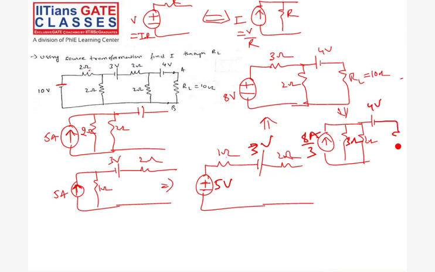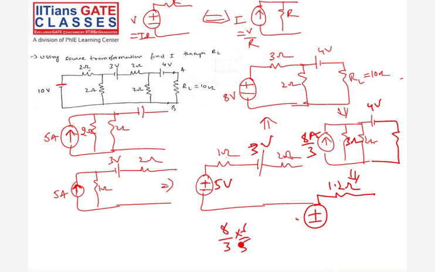So this will become again a practical voltage source in series with 6 by 5 or 1.2 ohms. 8 by 3 into 6 by 5 is 16 by 5. 16 by 5 is 3.2 volts and a 4 volts source with load resistance of 10 ohms.